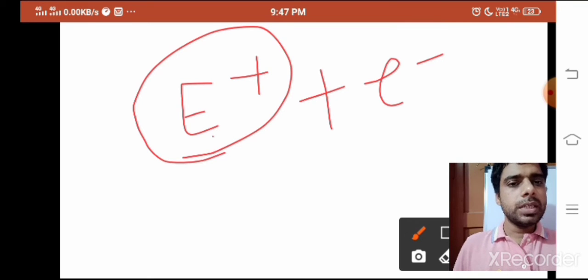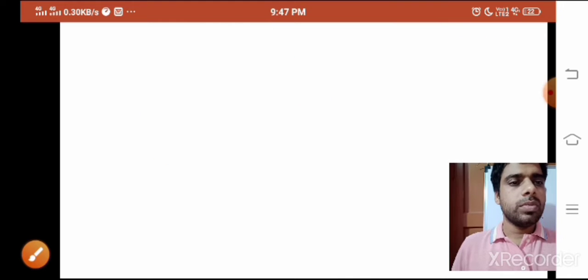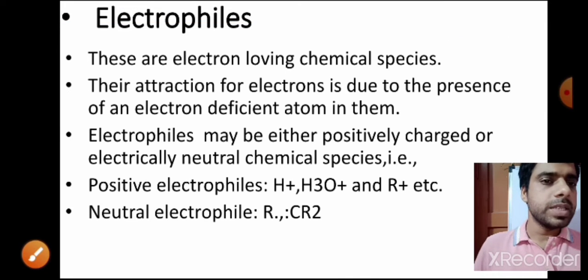It is an electron deficient species, and it has a strong tendency to attract electrons, and due to that it is called a Lewis acid. We will see about that later, but first let us see what is written here.